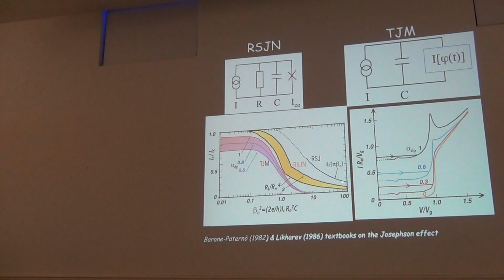This is the RSJ model. If you add an additional normal state resistance here, this is the TJ model. All models have very wide predictions on the dependence of the ratio between the critical current and the retrapping current. This is just to say that we have all the tools and fingerprints to fully characterize the junctions, and if they don't fall into any of these, you should be aware that something else may be happening.